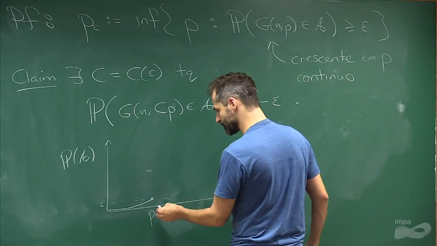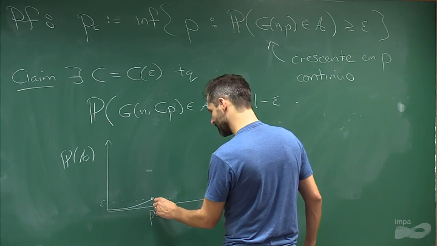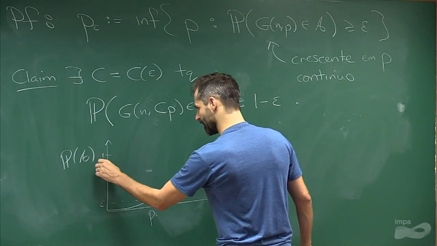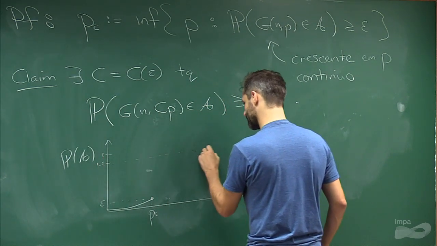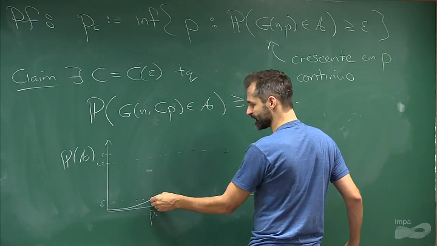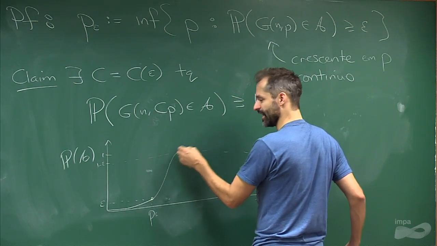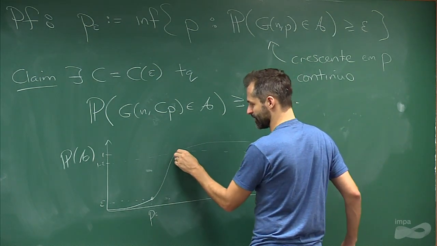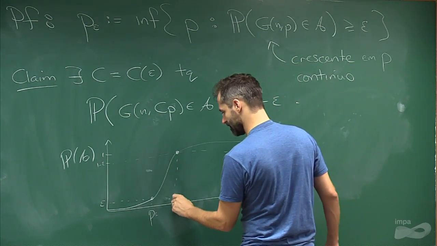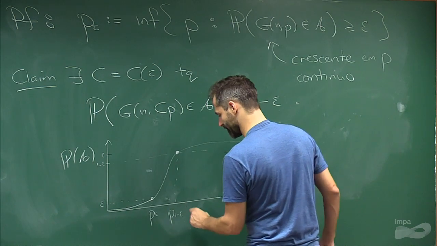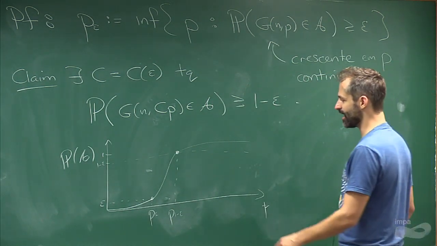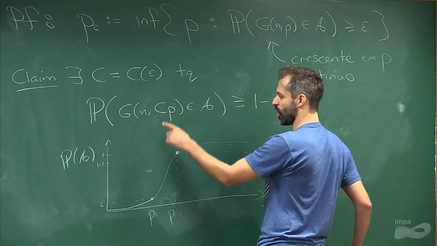Now, what we want to show is that by the time, so this is 1, this is 1 minus epsilon, we want to know how long it takes to get here, right? And then afterwards, whatever, it goes up in some way. P1 minus epsilon. And I claim that this is at most a constant times this.